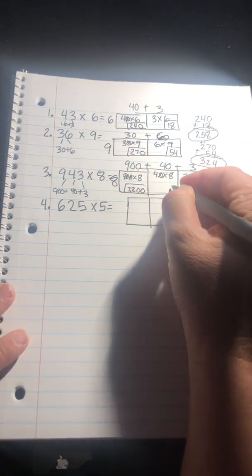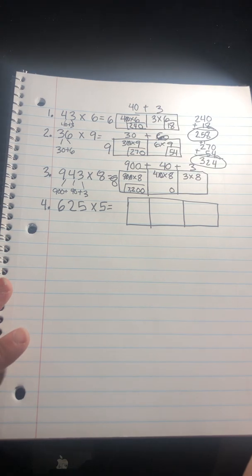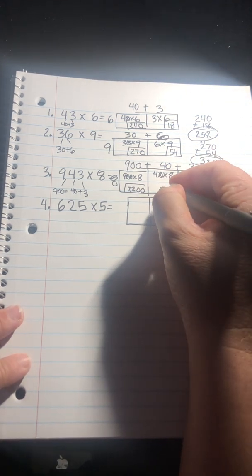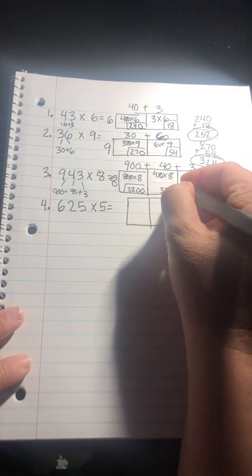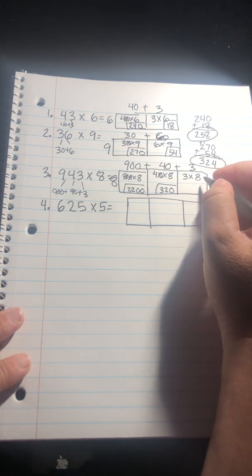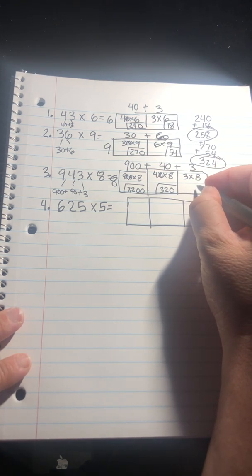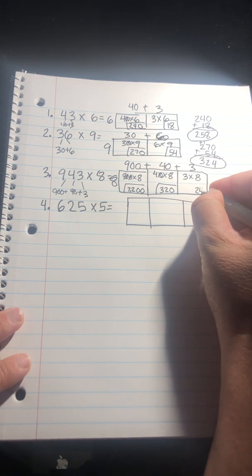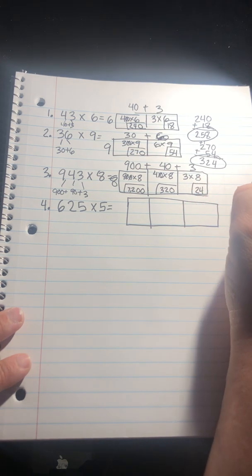Bring down the 0. 8 times 4 is 32, so 320. And 8 times 3 is 24.